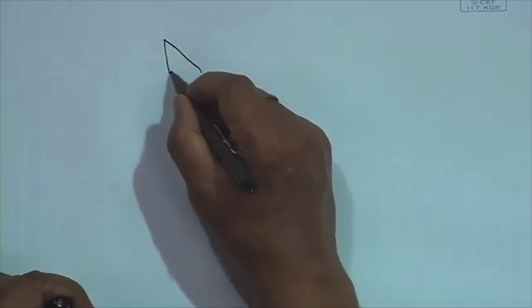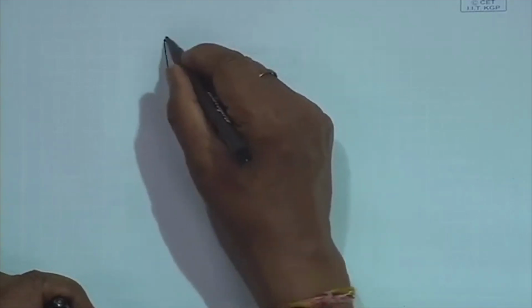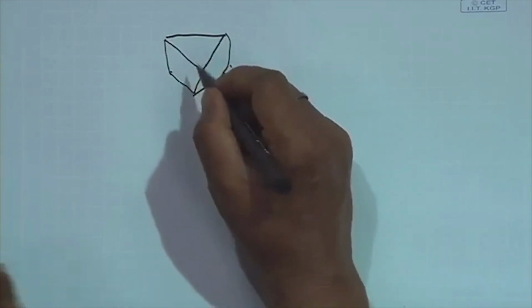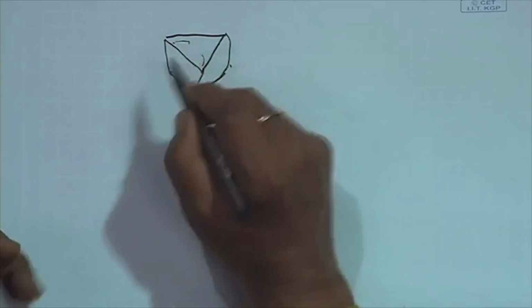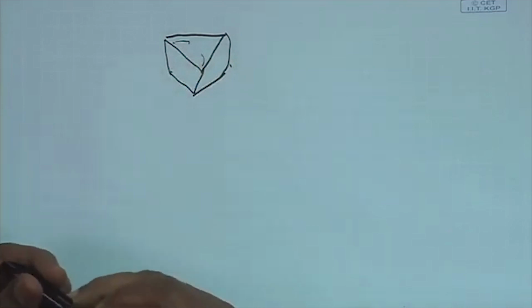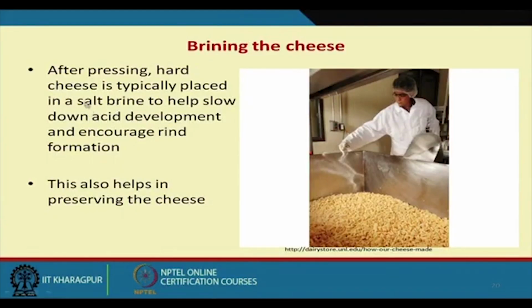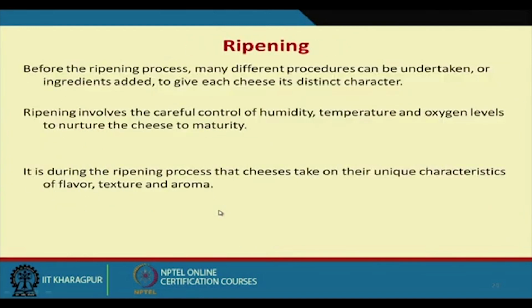Suppose this is the kind of cheese we have. If the structure is hard, the contamination problem will be less. So that is called rind. The rind development is required, and this will help preserve the cheese. The brining operation is very important as far as cheese making is concerned.